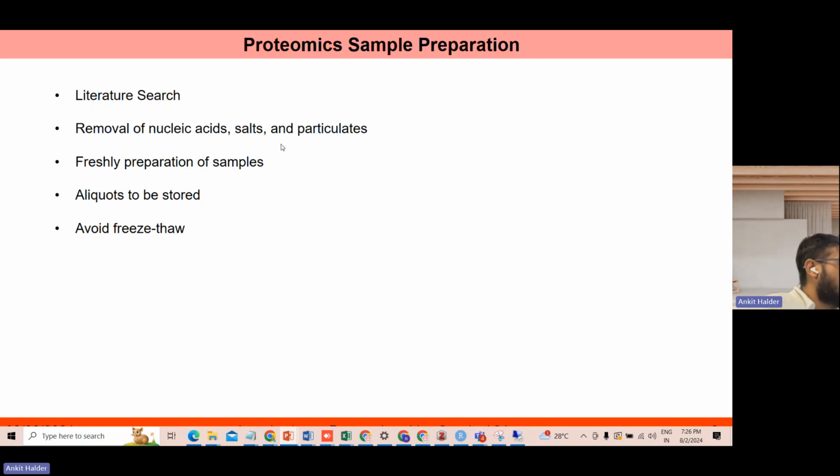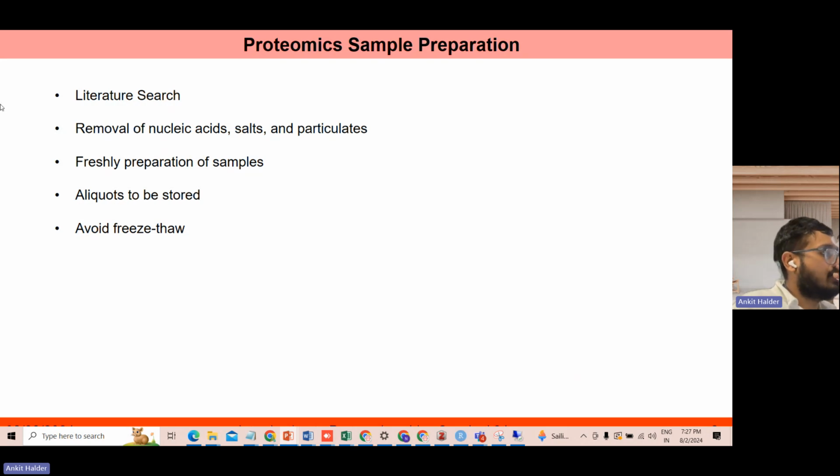Now you need to do a literature search on what different ways different scientists and groups have reported as effective, to tackle the challenges associated with that particular rubber plant and its huge amount of tannins and other reagents, so as to minimize your interfering agents and extract good quality protein.